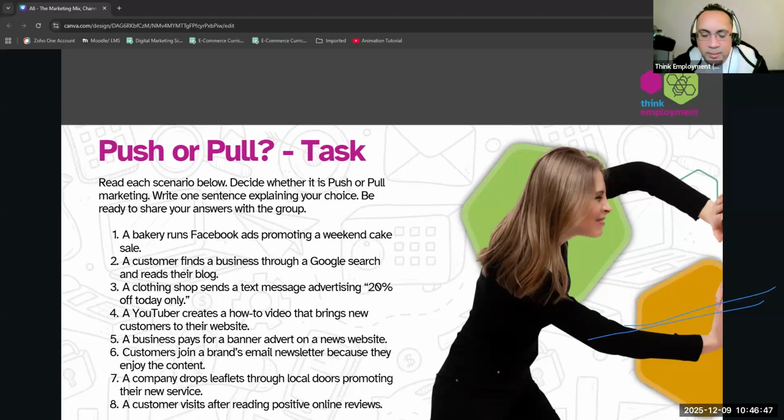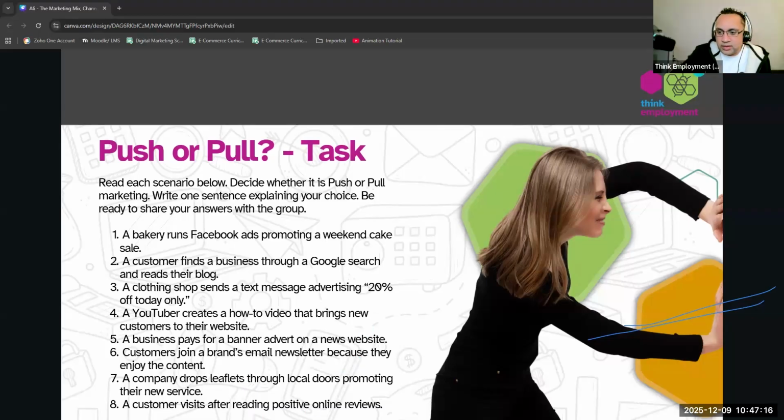Because that's more where a customer will find you organically through your techniques for SEO, so they find you through search engines. Okay, good. And number three was push. Why is that a push? Again, that's a simple advert that's pushed out to people. Good.